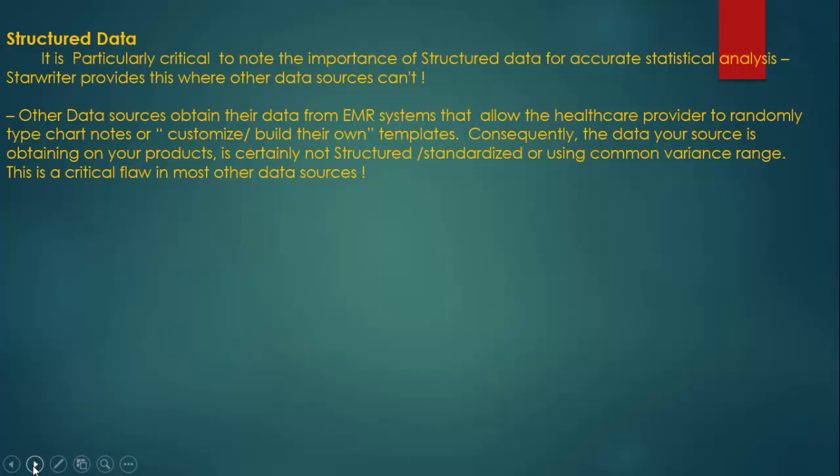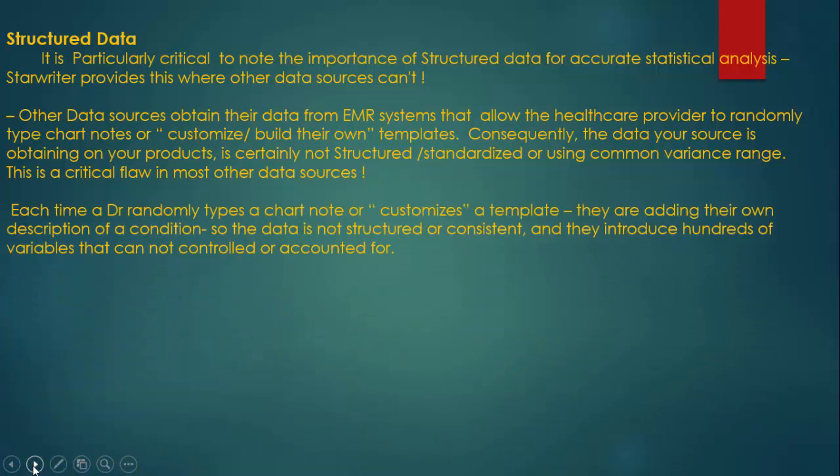That introduces literally hundreds of individual new variables, and these variables we really have no way to account for. So in essence, this data is completely unstructured and has massive numbers of variables that we can't account for.